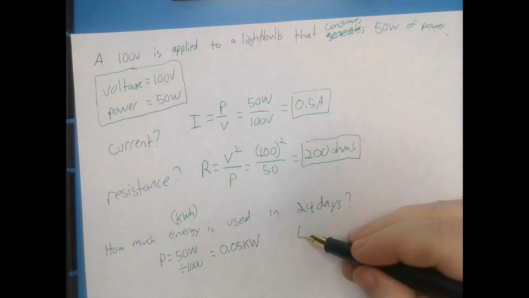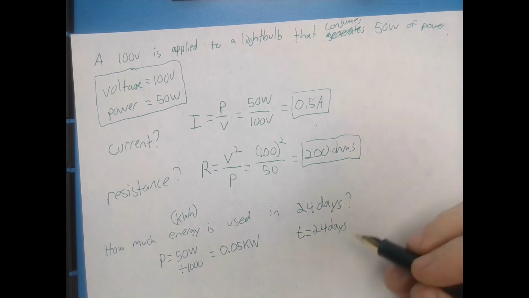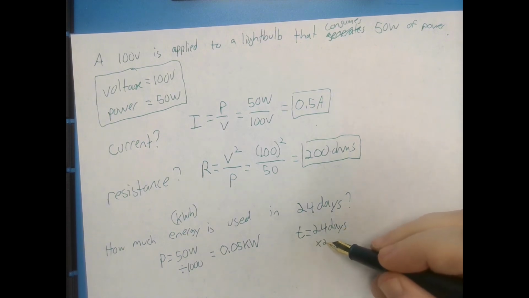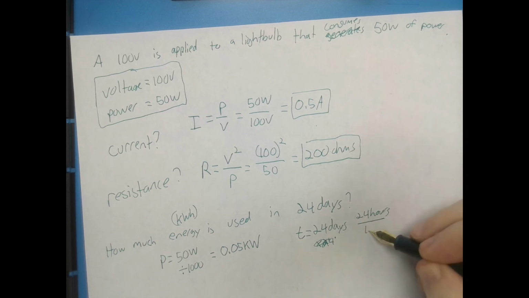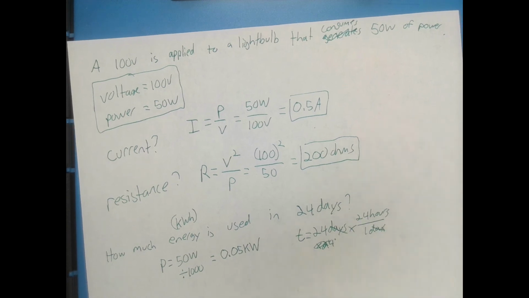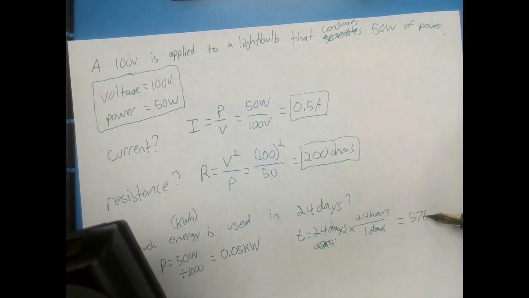And our time is given in days. So we know that there are 24 hours per 1 day. So we multiply by this. Days cancel out, and this is hours. So that's equal to 576 hours.